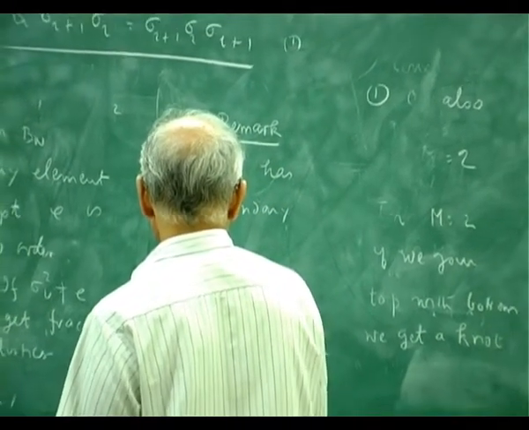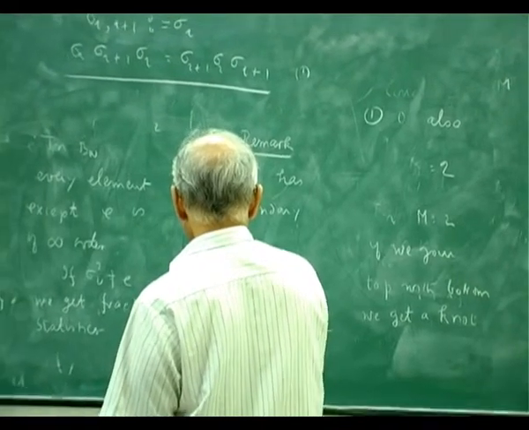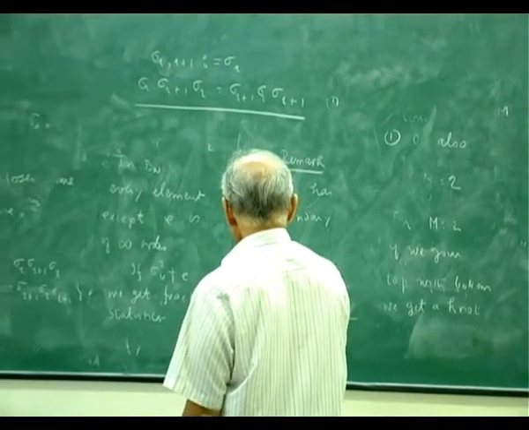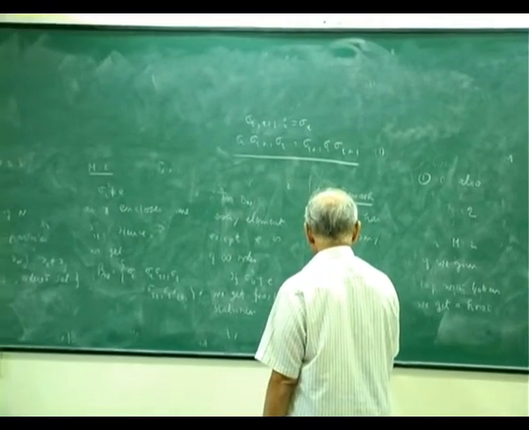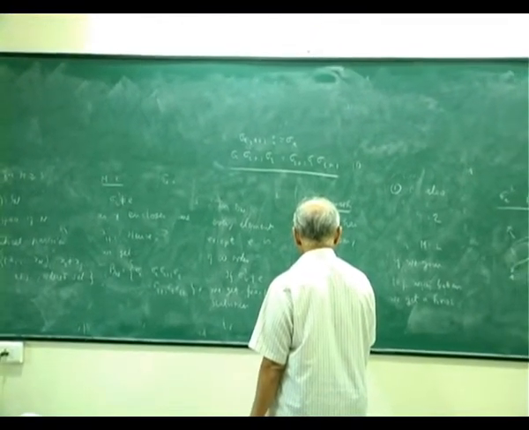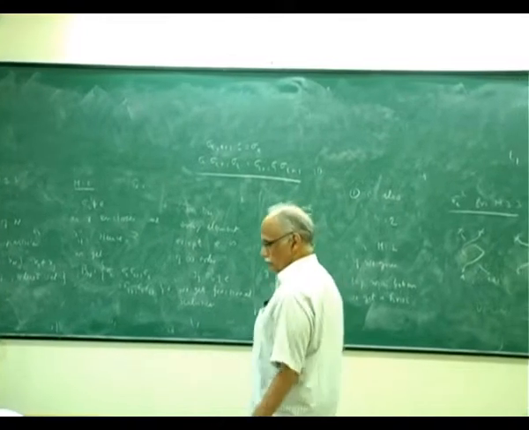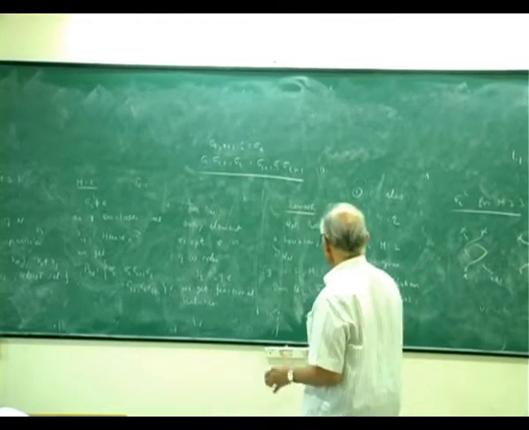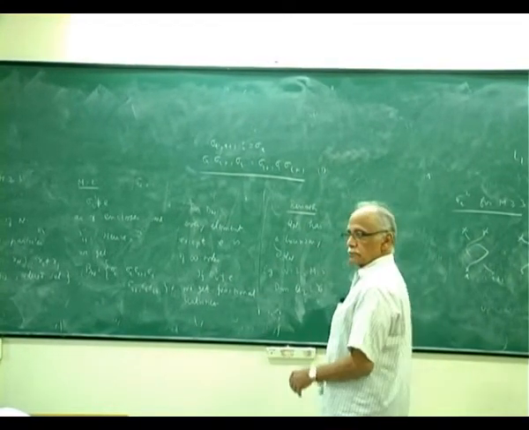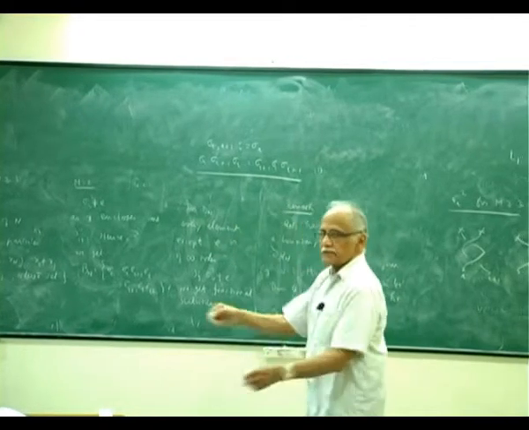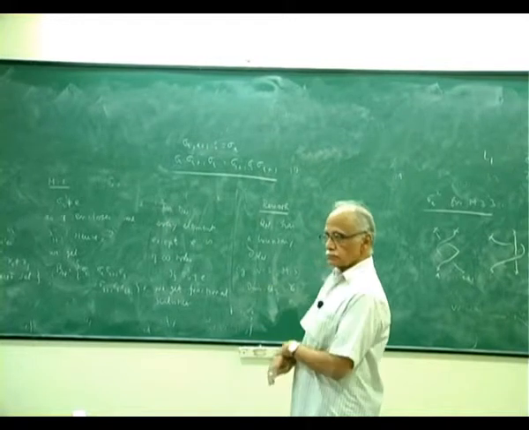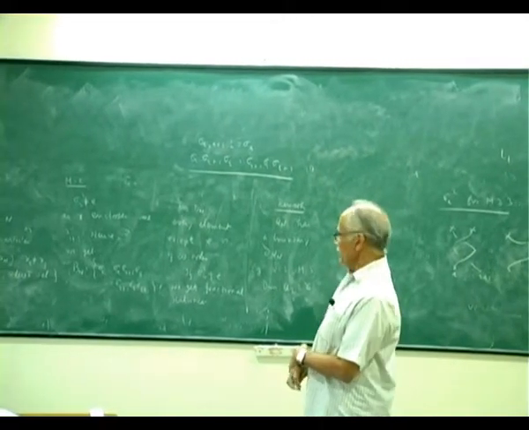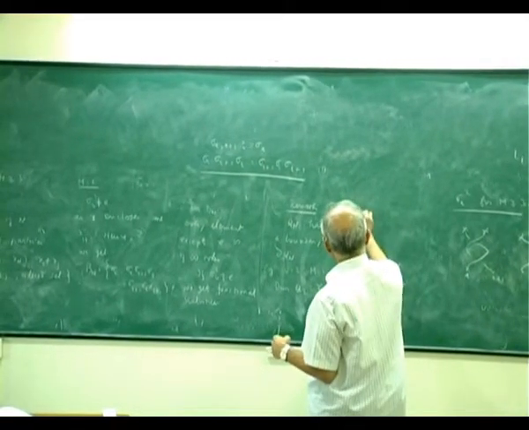I am removing the diagonals, no? So what is the dimension of Q2? It is 6. Two identical particles, right? Just 3 coordinates for each. What is the dimension of the boundary of Q2?